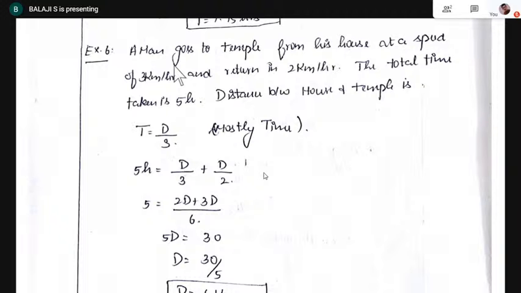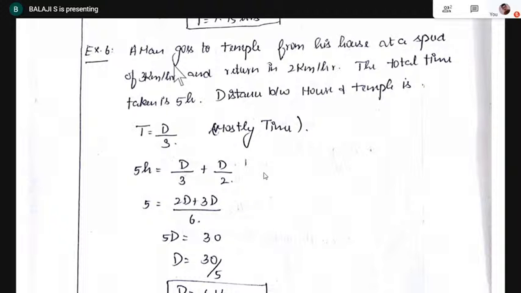A and B travel the same distance, but their speeds are different, so their times are also different. A takes 36 minutes more than B. The difference between the times of A and B is 36 minutes.